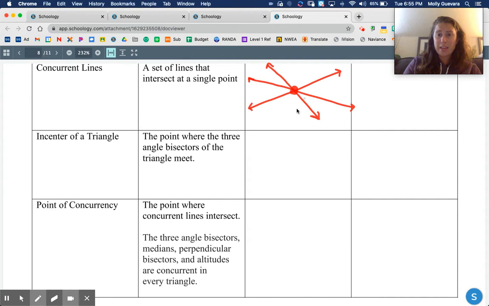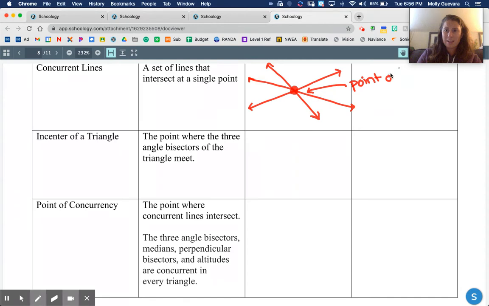But if they intersect at one point, that point is called the point of concurrency, which is our vocabulary down here. The point where concurrent lines intersect is the point of concurrency.